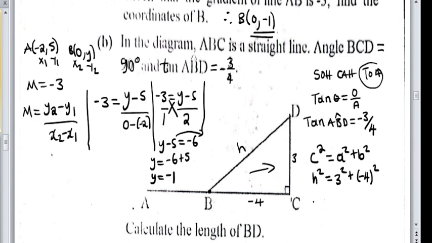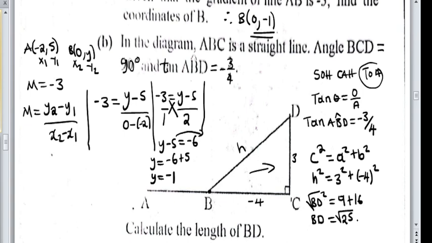So where the hypotenuse is BD, BD squared is equal to 3 squared is 9, negative 4 squared is 16. Then here we'll say BD, if I square root that, it's going to give me 9 plus 16, that's 25, and this is also square rooted.